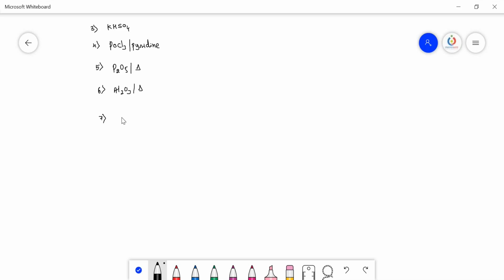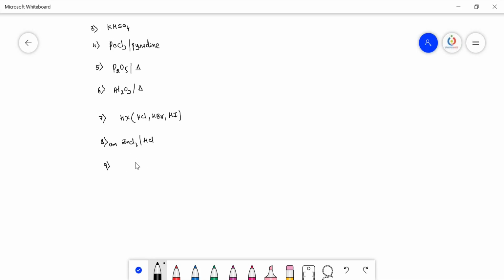Seventh one is hydrogen halides like HX. In bracket, it may be HCl, it may be HBr, it may be HI. Even if you use zinc chloride, anhydrous ZnCl2 with HCl, even this combination is an acid involved over here. That's why I am writing this one.